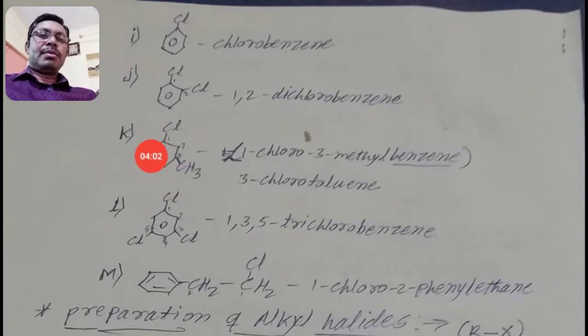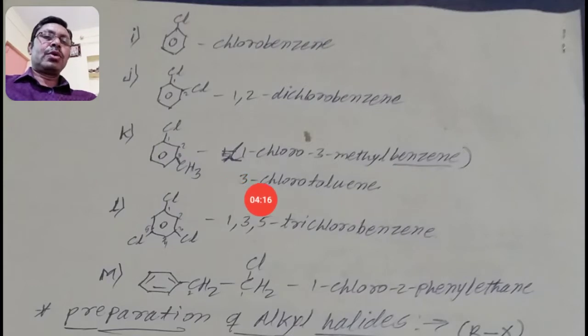If the parent compound is toluene, counting from the CH3 as 1, 2, 3, the position of chlorine is 3, so you must write 3 chlorotoluene, like that.